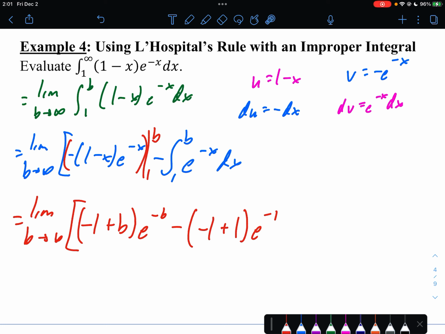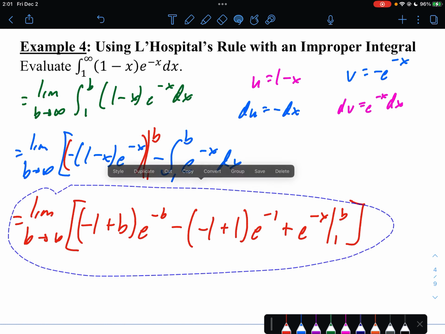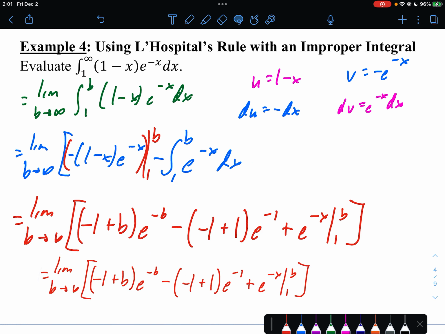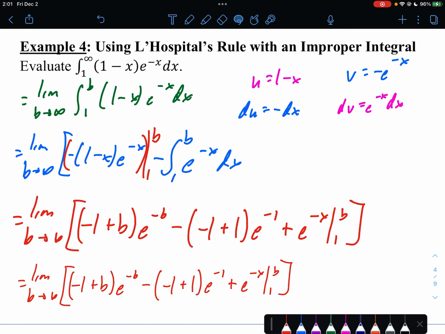And if we integrated this, we would get plus e to the negative x from 1 to b. If I just duplicate that and change that last one, if I put b in, I would get e to the negative b, and then plus e to the negative 1. And of course, this here would be 0. Negative 1 plus 1 would be 0, so we can get rid of all that as well.